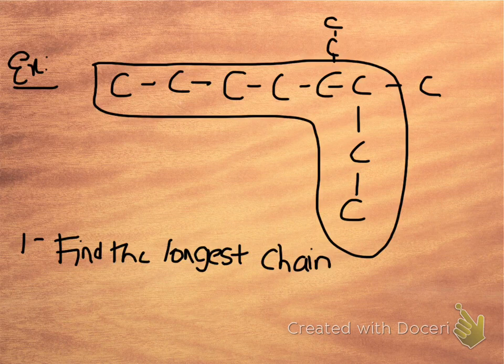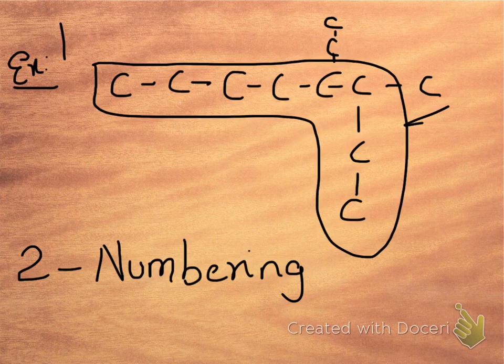Now start numbering. How will you number? Our second rule is numbering. We should number the atoms. First start from here: 1, 2, 3, 4, 5.